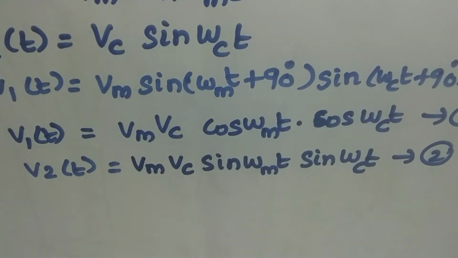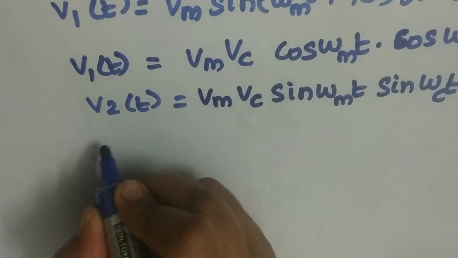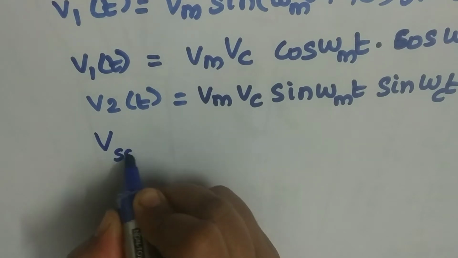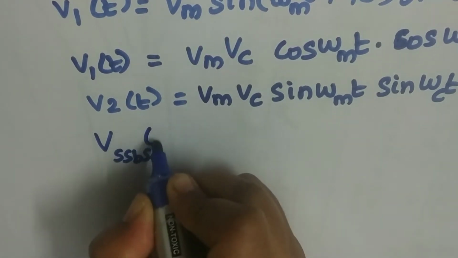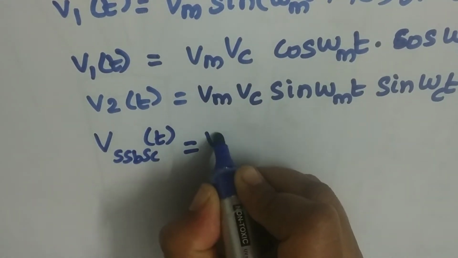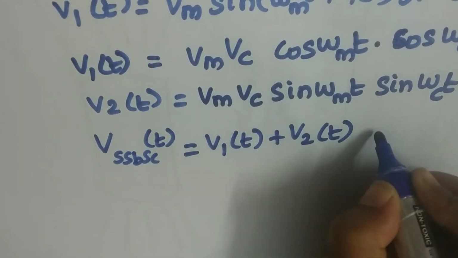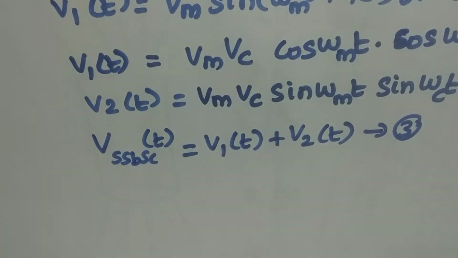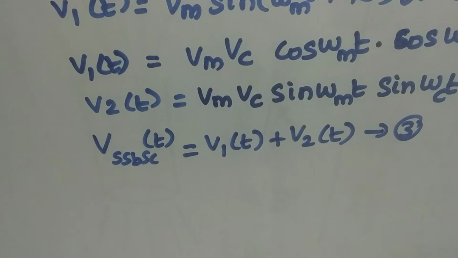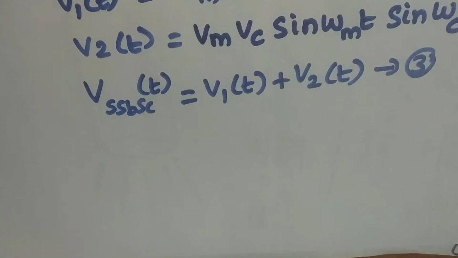Now we are going to write the voltage distribution equation for single sideband suppressed carrier amplitude modulation. By adding V1 of t and V2 of t, we get the voltage distribution equation for single sideband suppressed carrier AM.